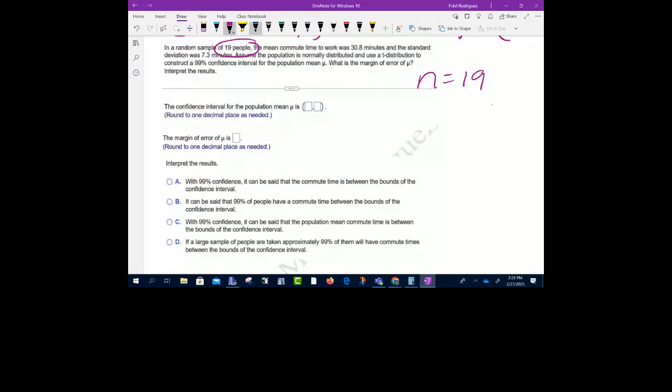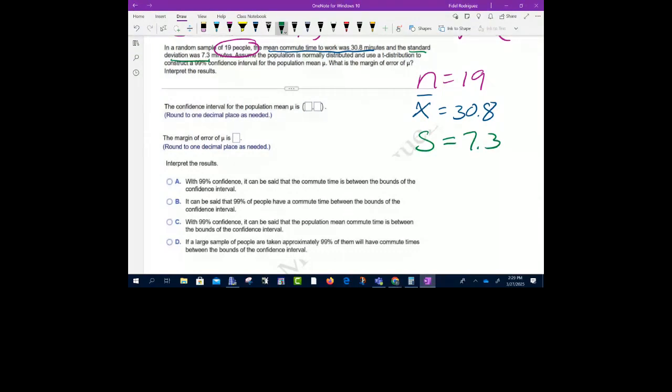Second, it says the mean commute time to work was 30.8 minutes. My X bar is 30.8. X bar is kind of like the mu, it's the average, but it's the average for the sample. The sample standard deviation was 7.3, so my S is 7.3.